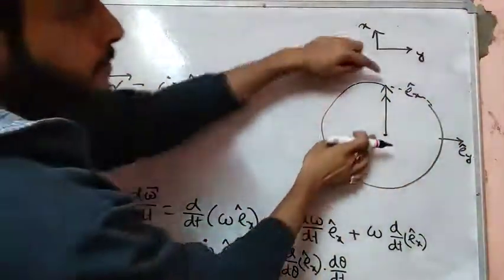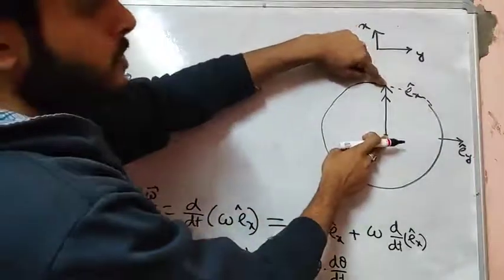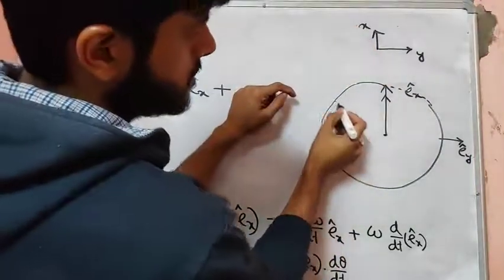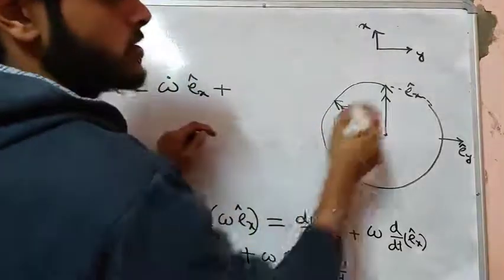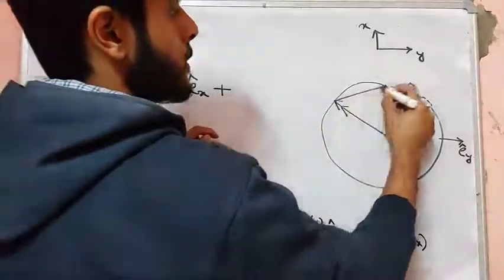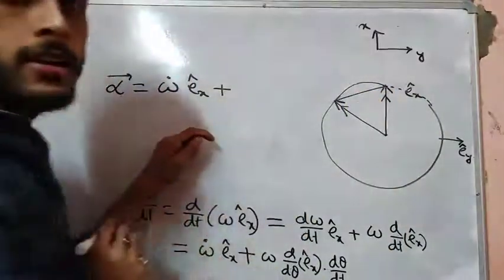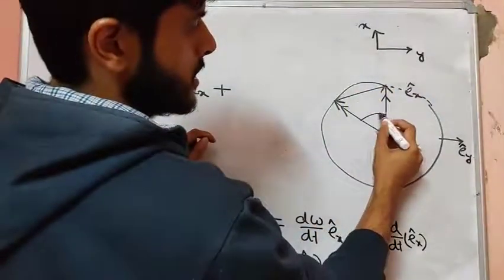Now this is the magnitude of the angular velocity. Now if the spin axis turns like this, the change in angular velocity will be like this, right? So this is a large angle, right?